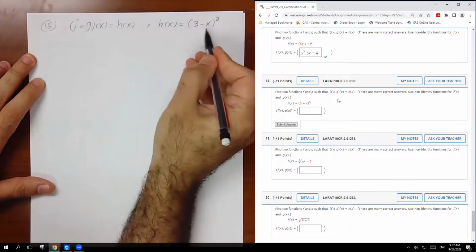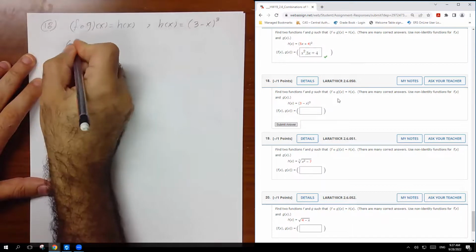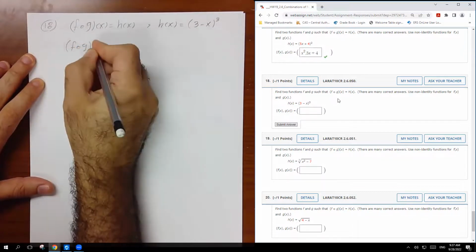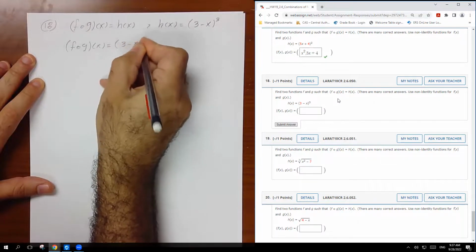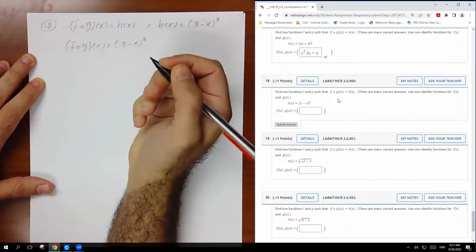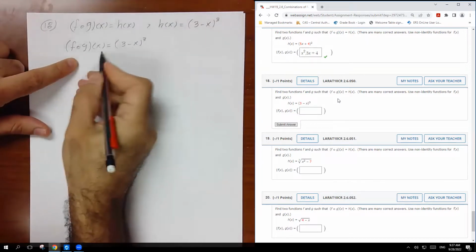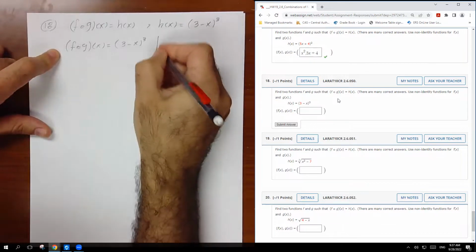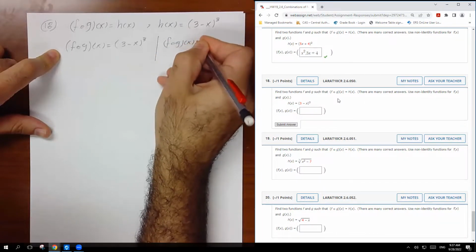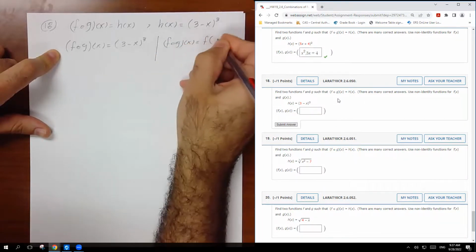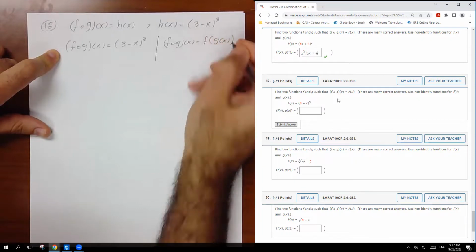So that means you're going to plug in this one here. So f composite with g of x equals 3 minus x cubed. We already know f composite with g of x equals f is out, g of x inside.